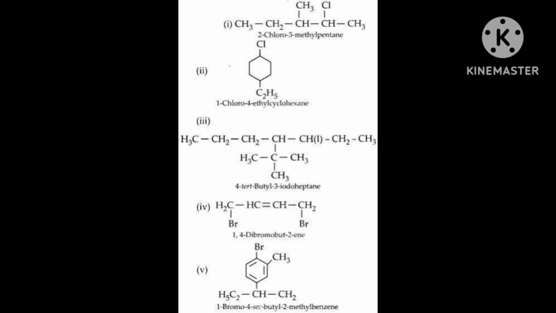For the C and F bond, if you want to break, then 452 kilojoule energy is required. In case of chlorine, it is less, 351. In case of bromine, further less, 293. In case of iodine, further less, 234.